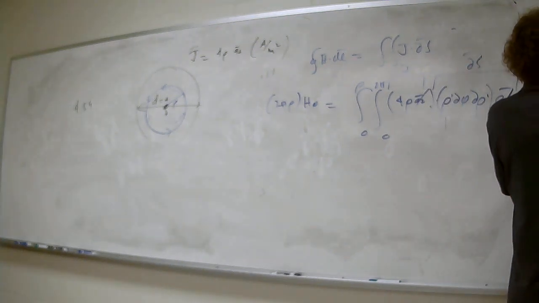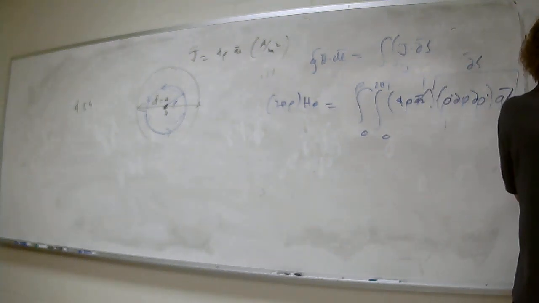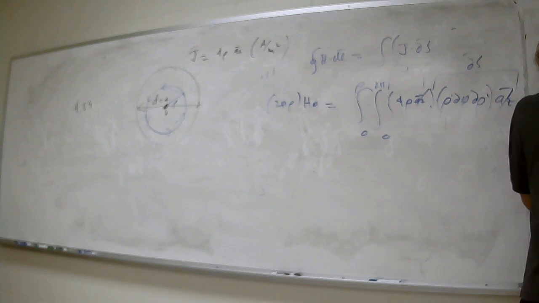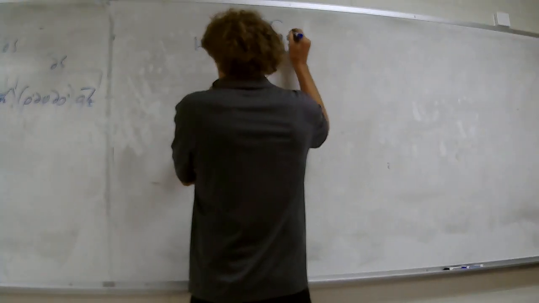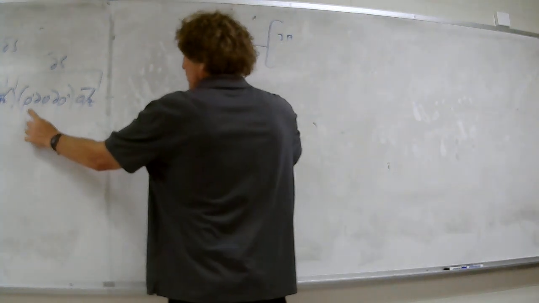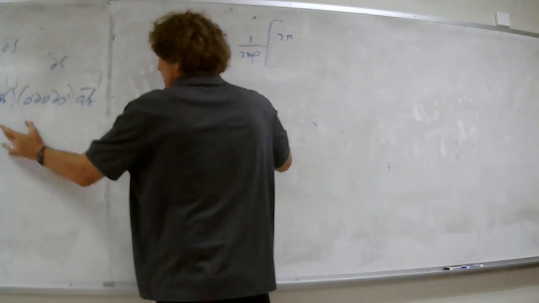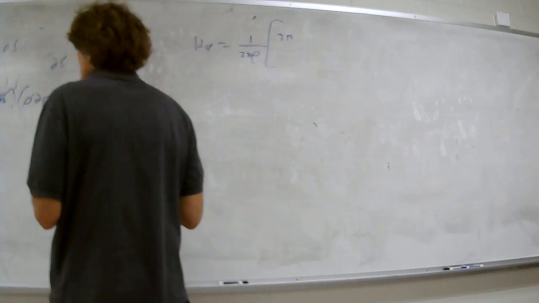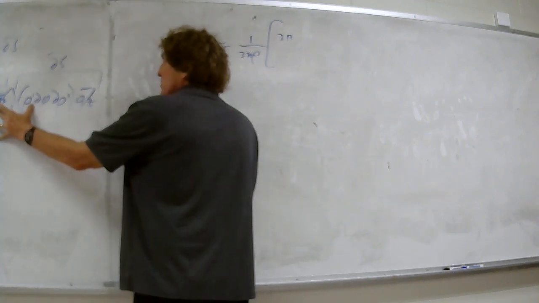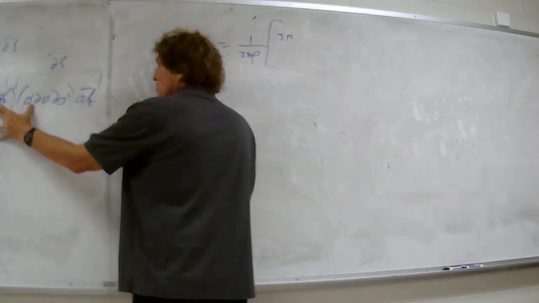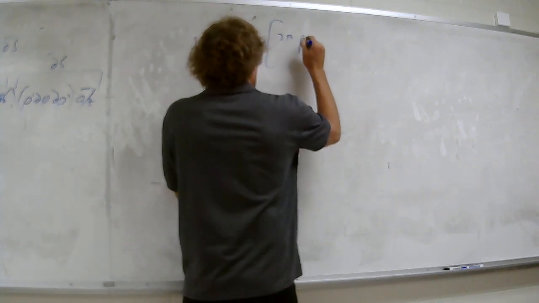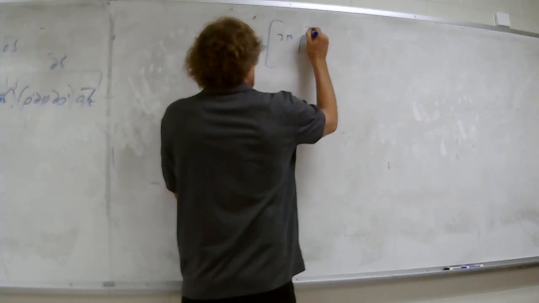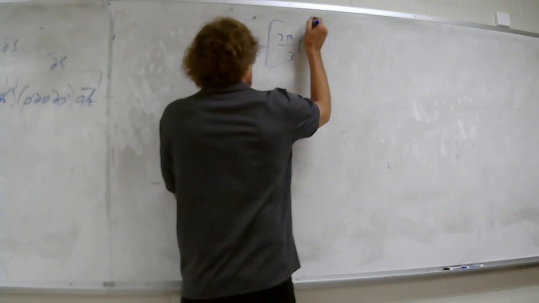Now I have H equal to 1 over 2 pi rho times the integral of this. Well, this is going to be 2 pi. And then I have rho prime here, so it's going to be squared. The integral of rho squared d rho is rho cubed over 3, from 0 to rho.